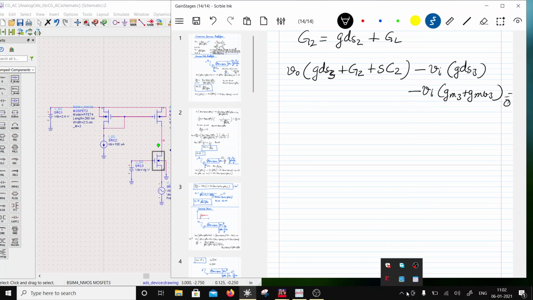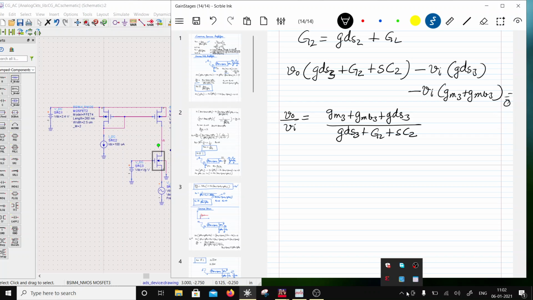Now collecting the terms, I have VO by VI equal to GM3 plus GMB3 plus GDS3 divided by GDS3 plus G2 plus SC2.